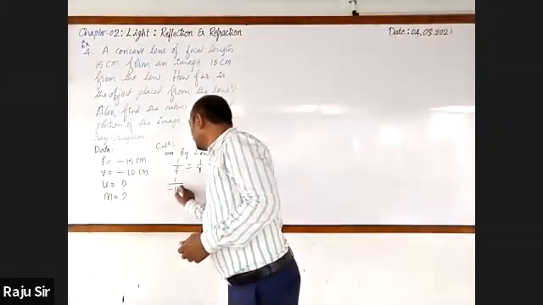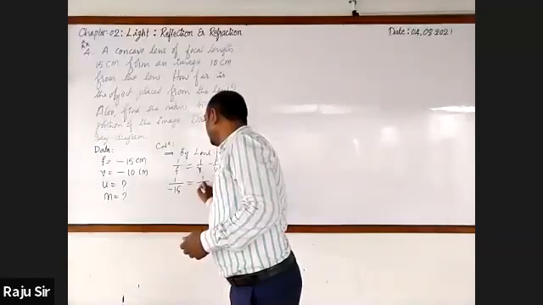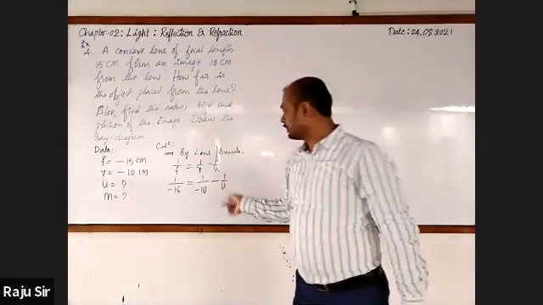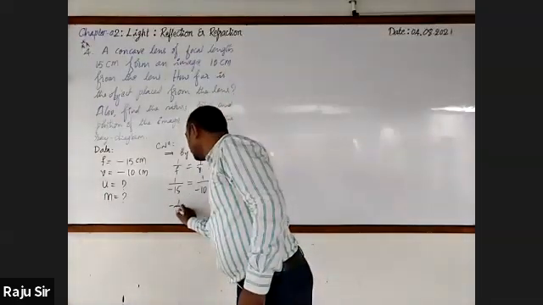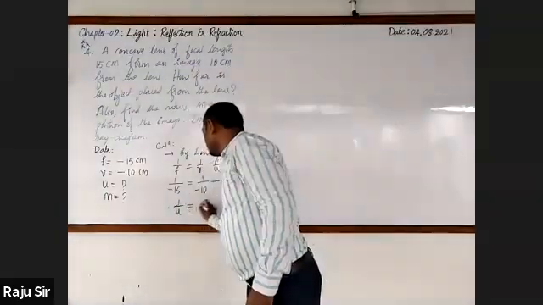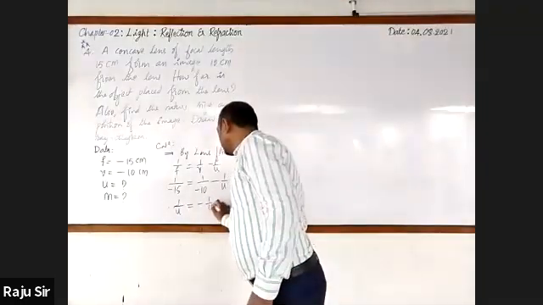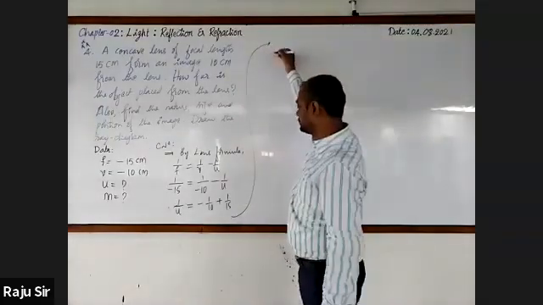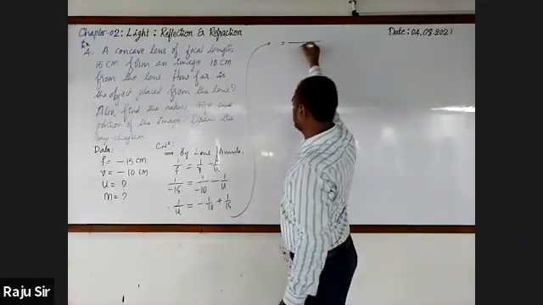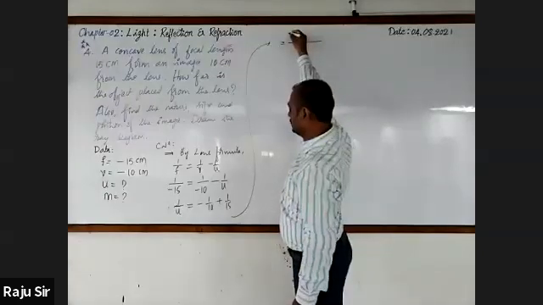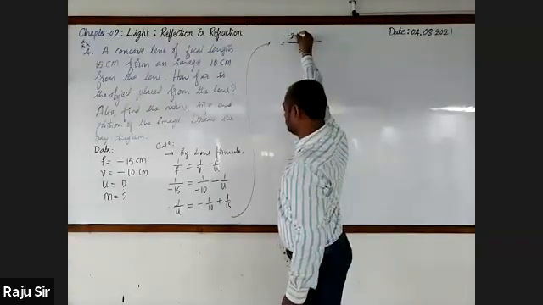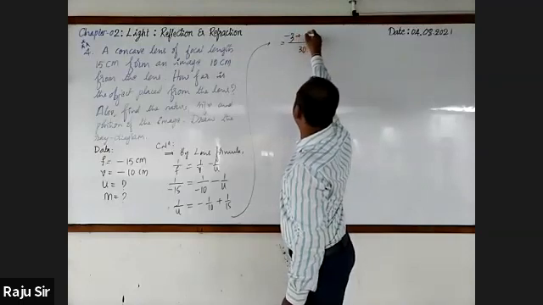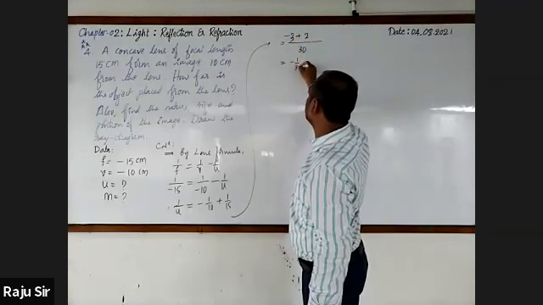Transfer minus 1 by u to the left hand side, it becomes plus. Then minus 1 by 10 plus 1 by 15. Next, LCM is 30, minus 1 by 30.